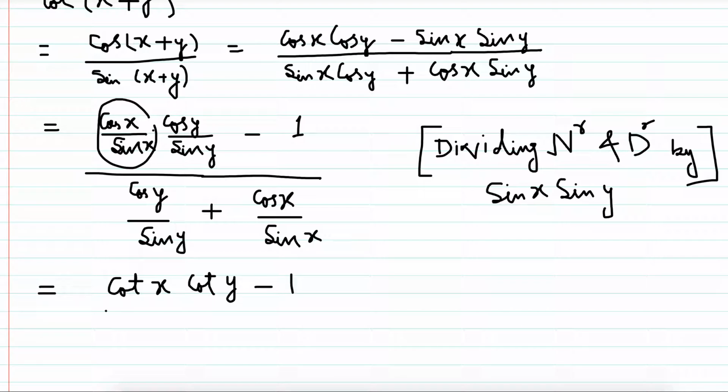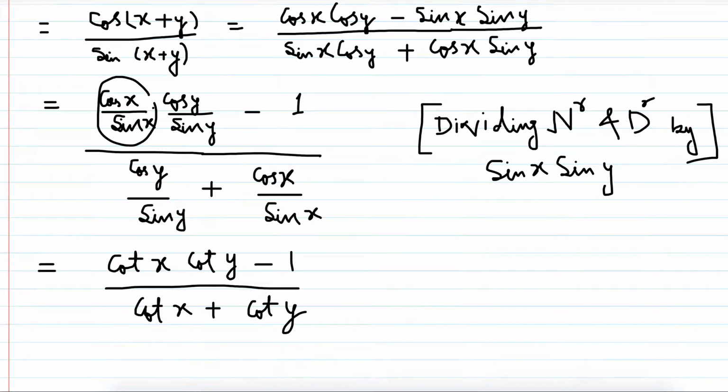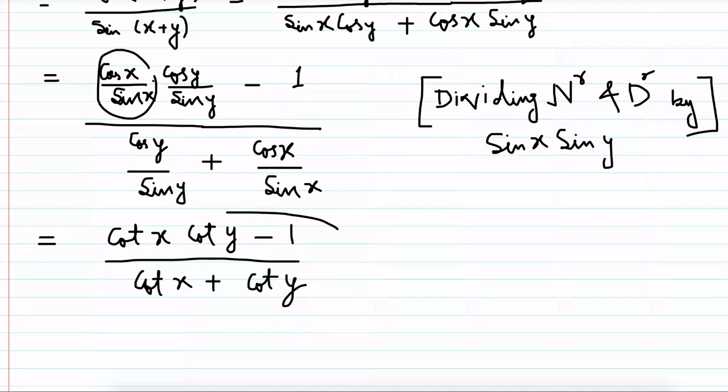Minus 1, and denominator is cot x plus cot y, or you can write cot y plus cot x. So this is the formula for cot x plus y.